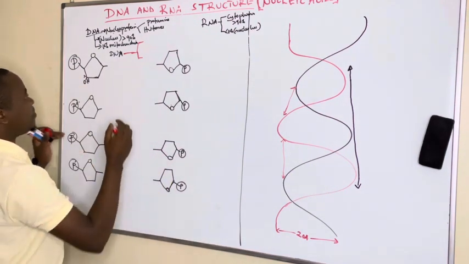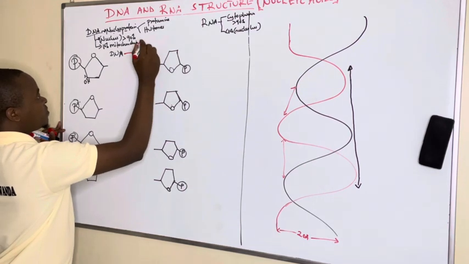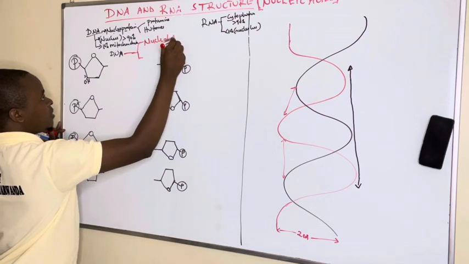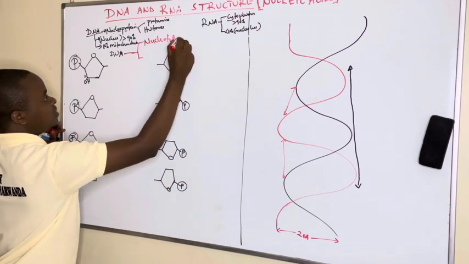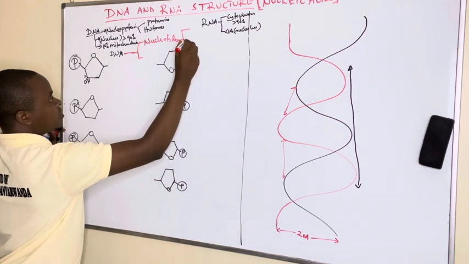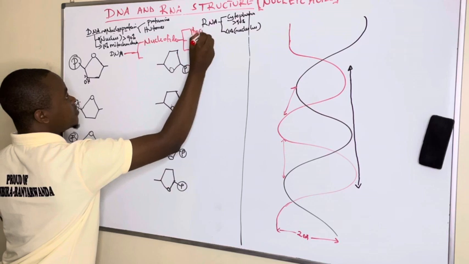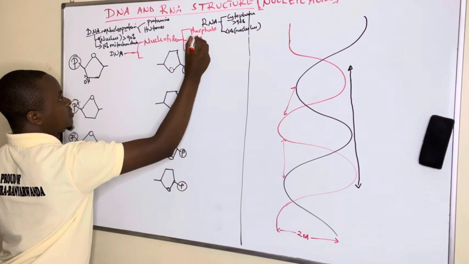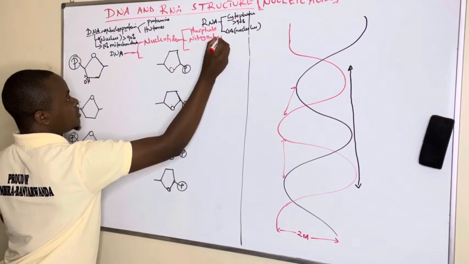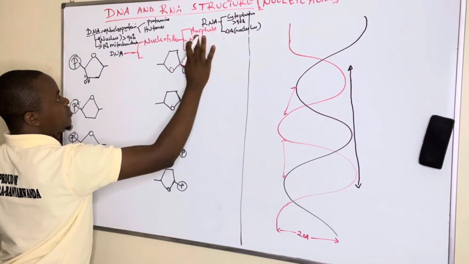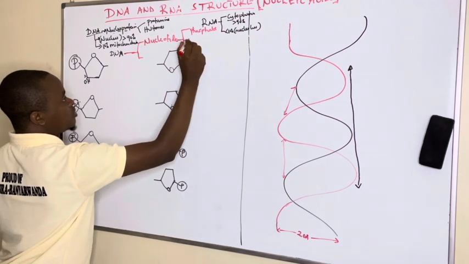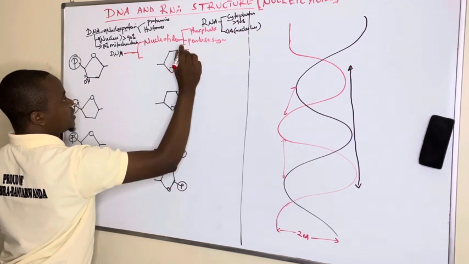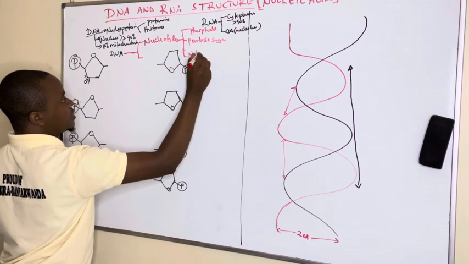These are macromolecules, made up of many polymers of nucleotides, and these nucleotides are composed of a phosphate group, a pentose sugar, and lastly nitrogen bases.